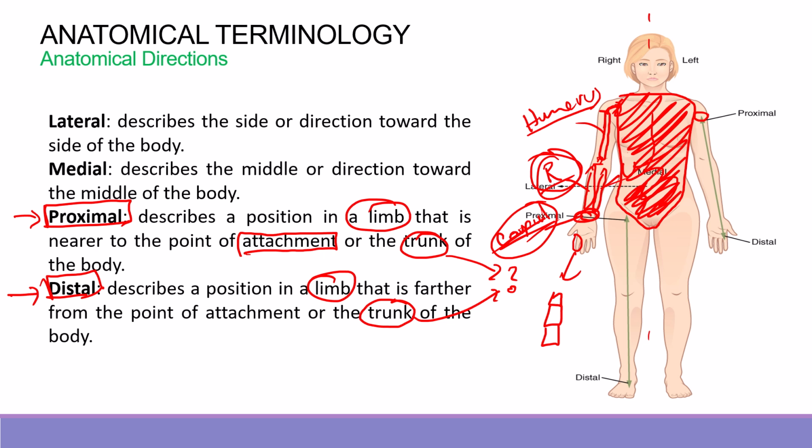If this is the tip of the finger, this is the most distal phalange, while this one will be the most proximal phalange, following the idea that proximal is closer to the attachment point to the trunk.